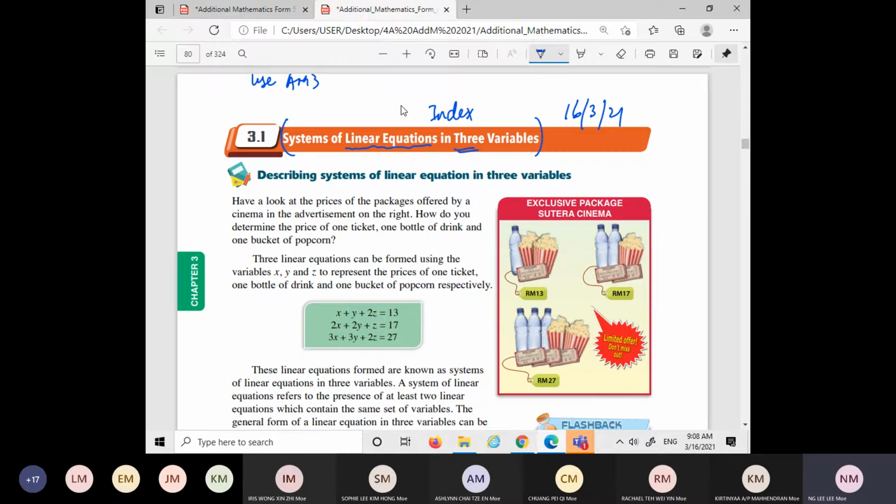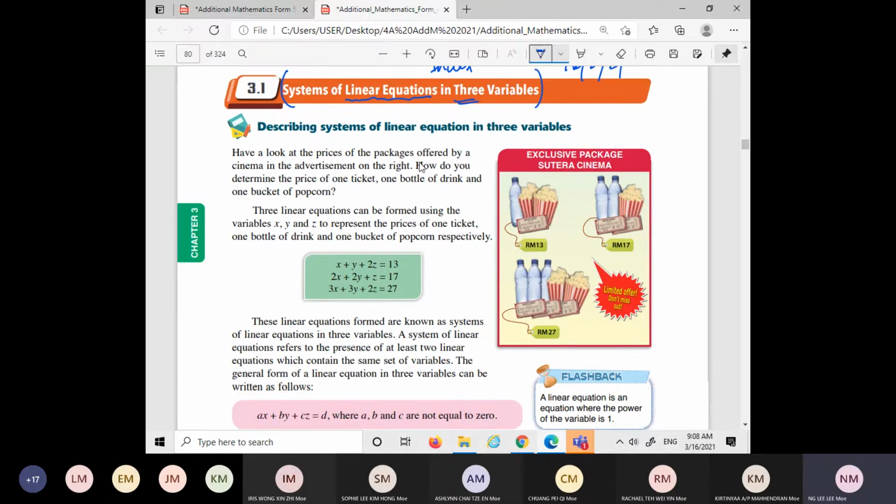So first of all, look at this example. Have a look at the prices of the packages offered by a cinema in the advertisement on the right. How do you determine the price of 1 ticket, 1 bottle of drink, and 1 bucket of popcorn?